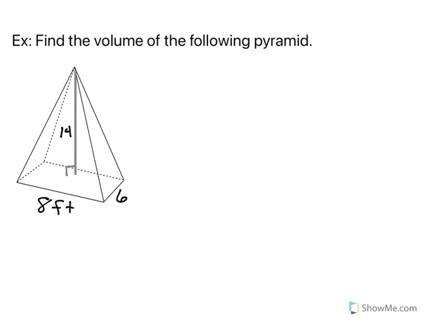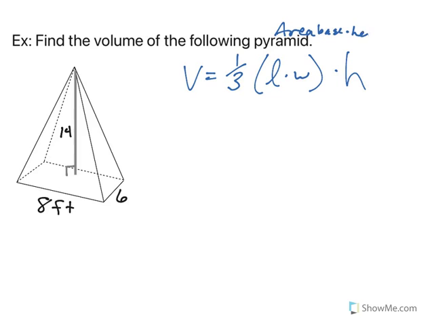So when we think about the volume of a pyramid, again, the formula, volume is 1/3 area of the base, in this case, length times width, and then times the height of the pyramid. That right there is the idea of volume of a pyramid.